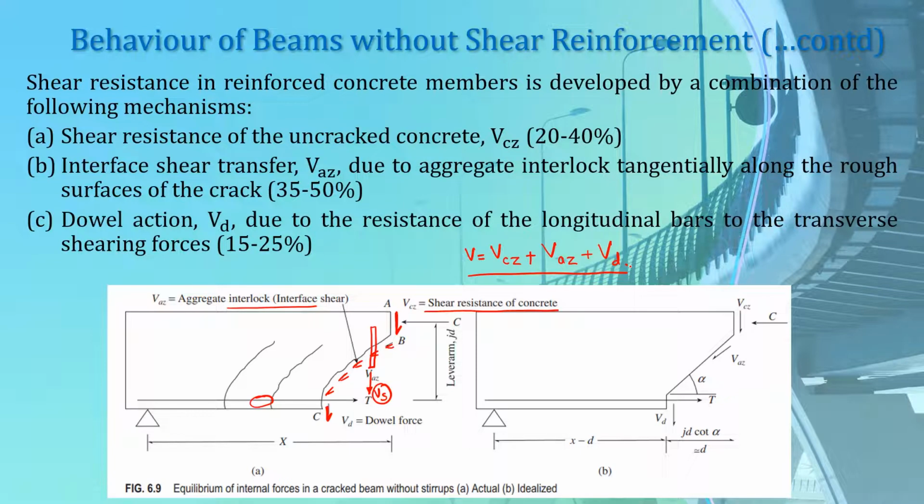So general experiments have shown that the shear resistance due to uncracked concrete is about 20 to 40% of the total shear resistance. Aggregate interlock is about 35 to 50%, and the dowel force is about 15 to 25%. And if there were shear reinforcement also, we would add one more factor here, Vs, which is the shear resistance due to our shear reinforcement.